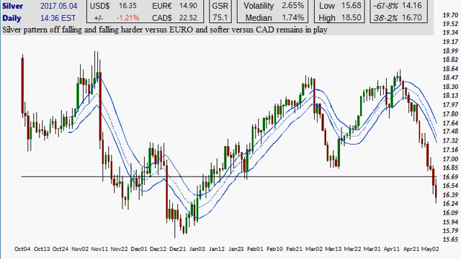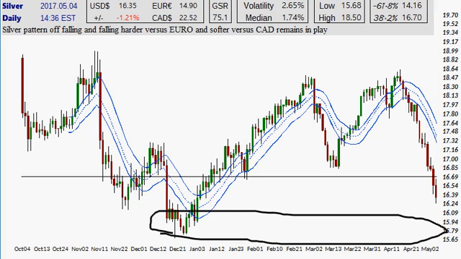So just an understanding that if this level ultimately fails, that's where she will be going.